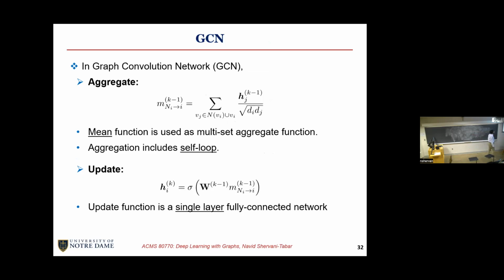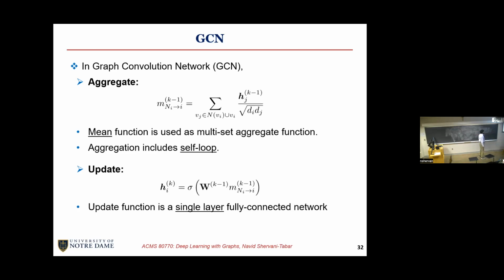So in GCN, the messages are constructed by a mean function as our aggregate function, which takes the information from the neighborhood and normalizes them by the square root of the degree of the node itself and its neighbors. It also contains self loops, meaning that our sum is over all the neighbor nodes plus the node itself.